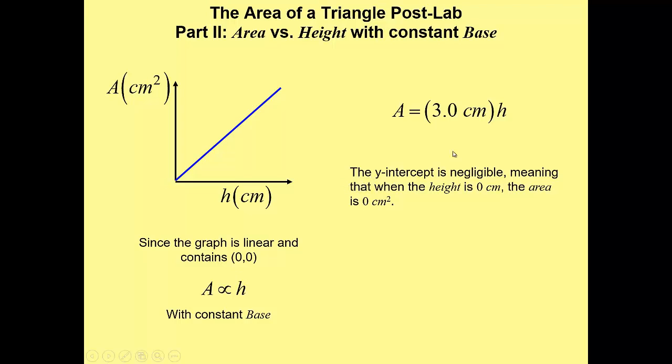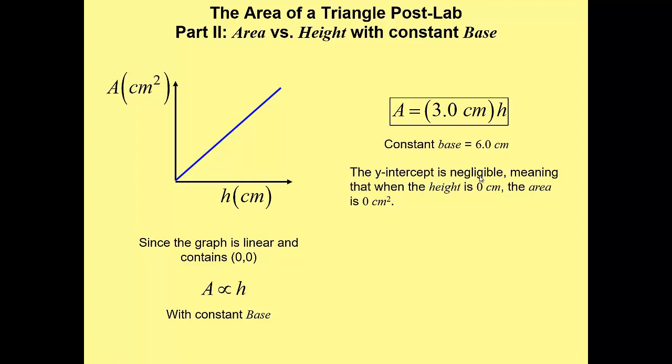And so, again, we don't have to add 0. So here is our specific math model for part 2, if we keep the base constant. And what was your constant base? Well, hopefully you wrote that down. And it was 6 centimeters, 6.0 centimeters. Constant base of 6.0 centimeters, a slope of 3.0 centimeters. Could those be related? Seeing a pattern?